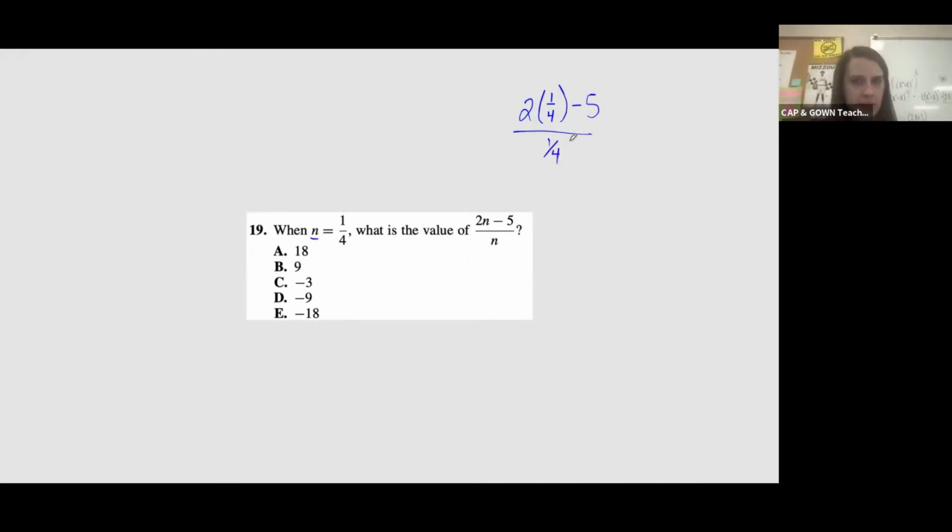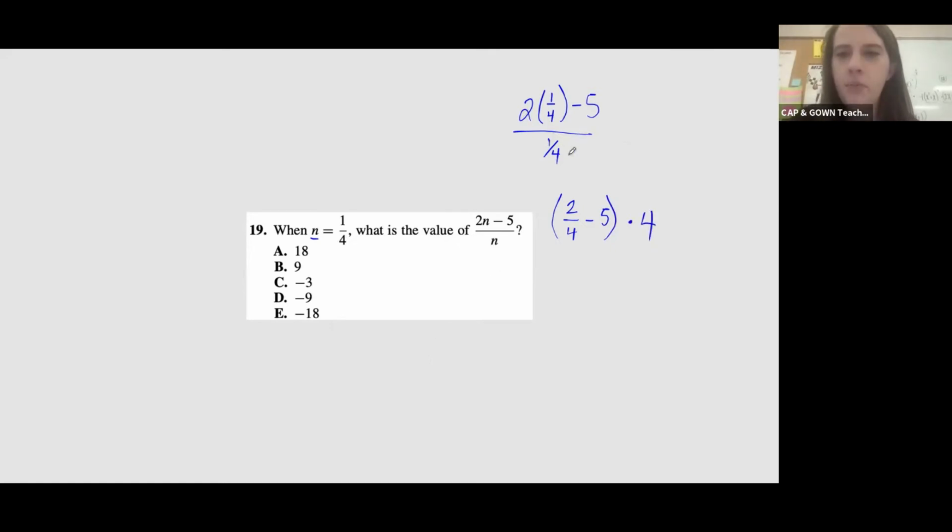I'm going to go ahead and simplify the top. That's going to be 2 over 4 minus 5. Now, real quick, dividing by that fraction is the same thing as multiplying by the reciprocal. So I'm actually going to multiply this by 4.